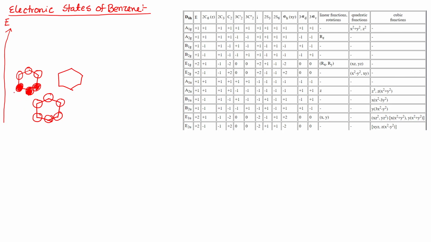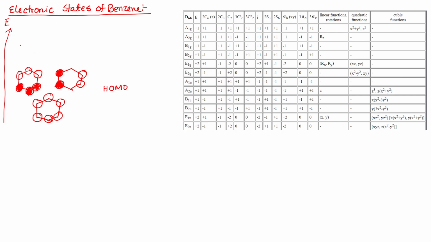Actually two nodes. Along the nodal plane, and these are your HOMOs.